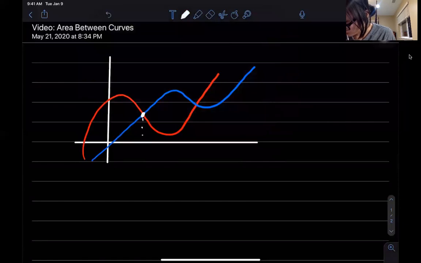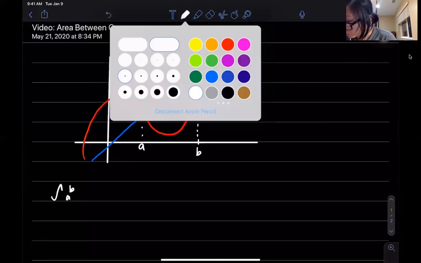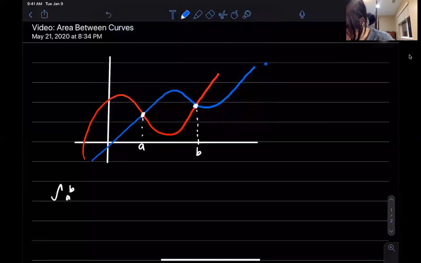We'll call this A and this B. So I want to find that area between those two curves, right? I know that anytime I want to do area, that's going to be a definite integral, right? So I know I'm going to be taking the definite integral from A to B. Then we'll call these curves. This one will be f of x, and this one will be g of x, right?